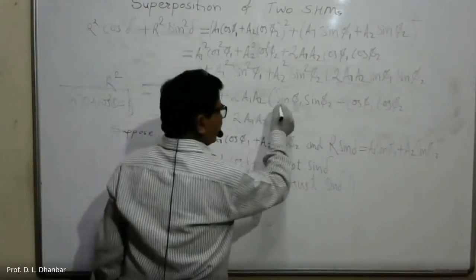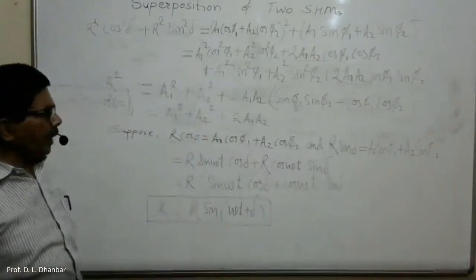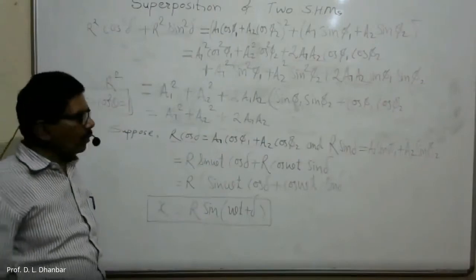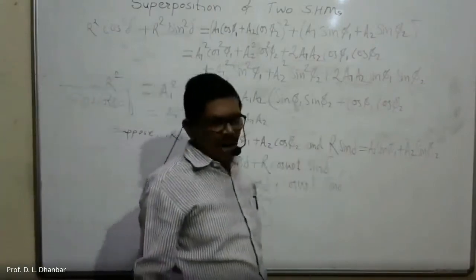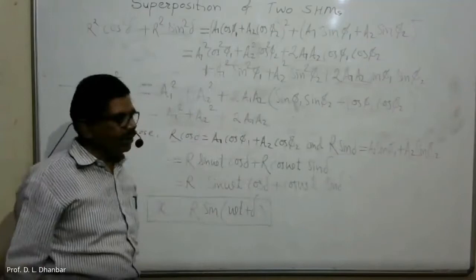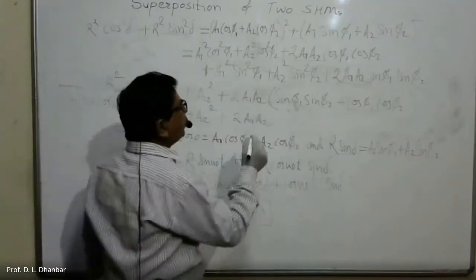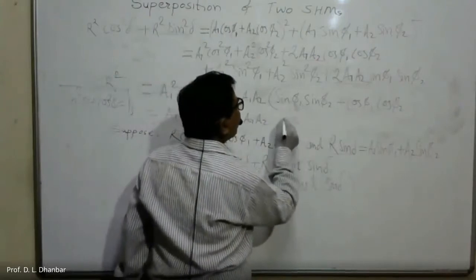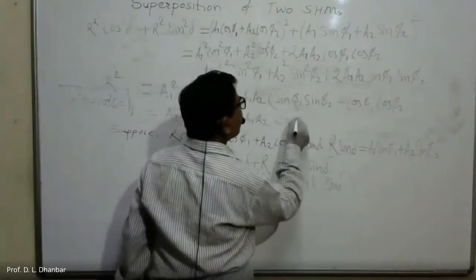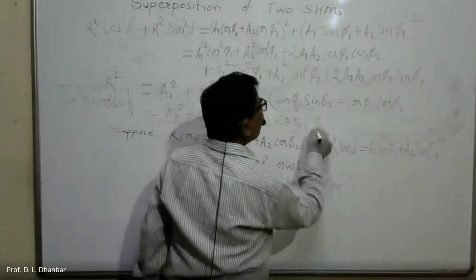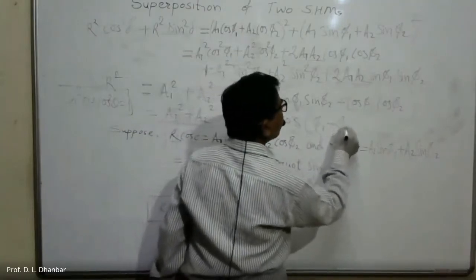So what is this? Sin phi 1 into sin of phi 2 plus cos of phi 1 into cos of phi 2. You will find that this is nothing but the expansion of cos of phi 1 minus phi 2.